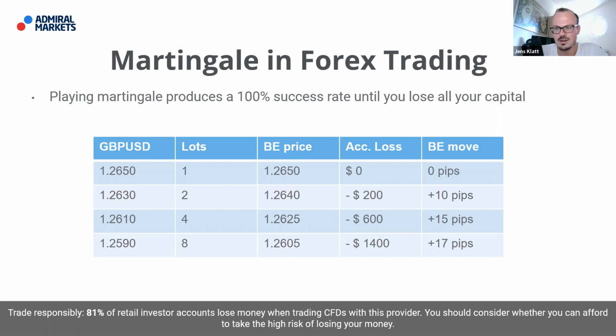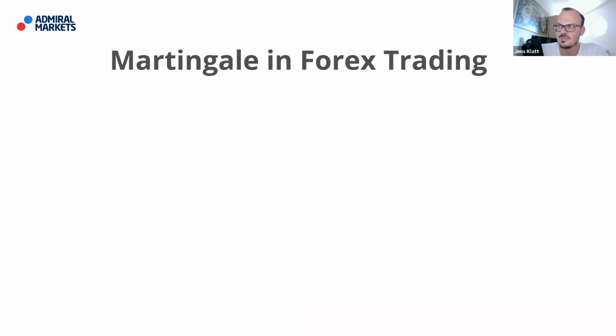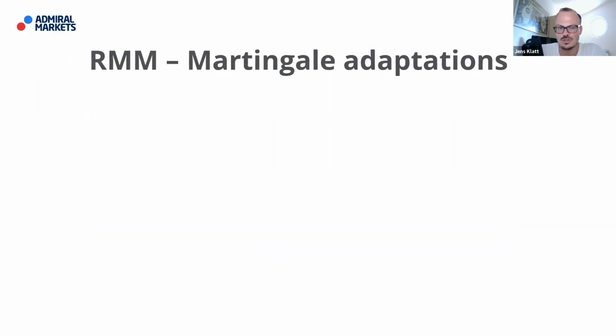what happened there. So this is where Martingale produces an event which causes you to think that it will most likely work in the long run, which it usually doesn't. And that brings us to the next slide: how to make adaptations when trading Martingale.